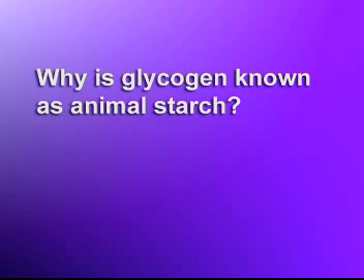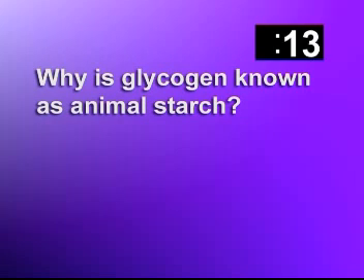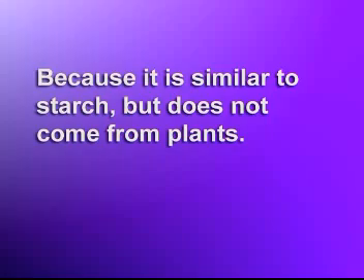Why is glycogen known as animal starch? Glycogen is known as animal starch because it is similar to starch but does not come from plants.